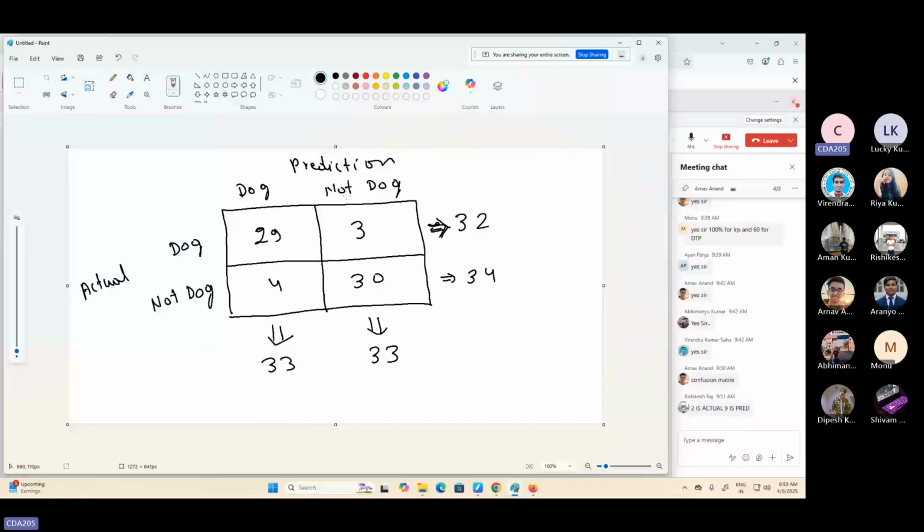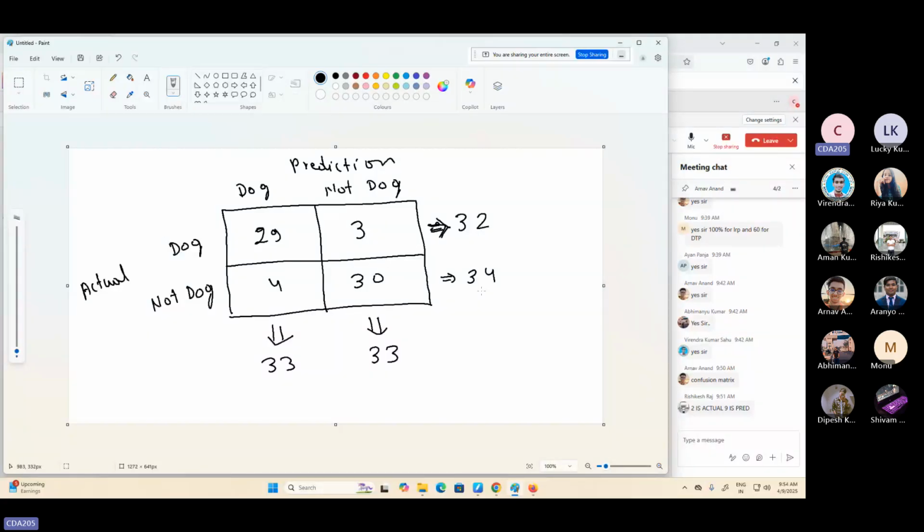The model has predicted 3 times not dog, but it is a dog. So in 32 cases a dog was there, out of which 29 times the model has predicted dog, and 3 times it has predicted not dog. Same way, actually 34 times a dog was not there, in which 4 times the model has predicted it is a dog, and 30 times it has predicted not dog.